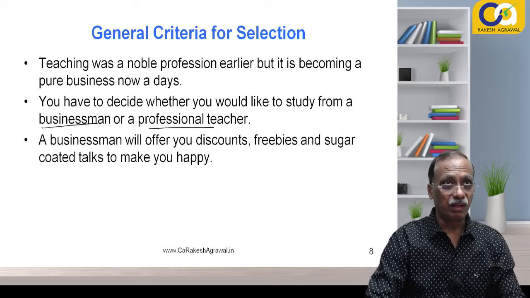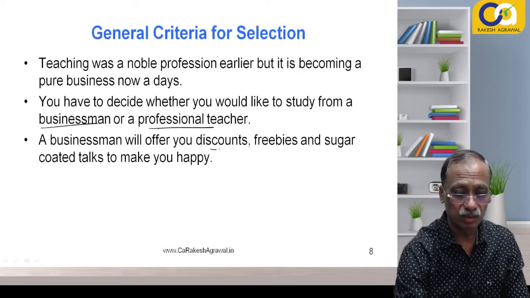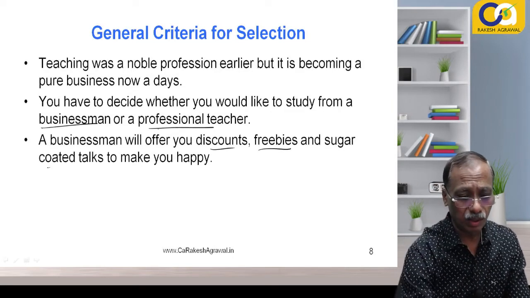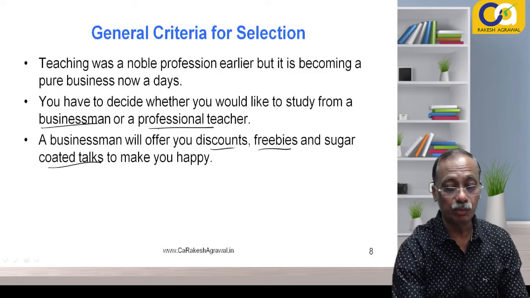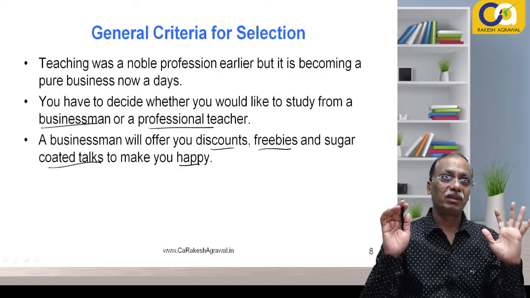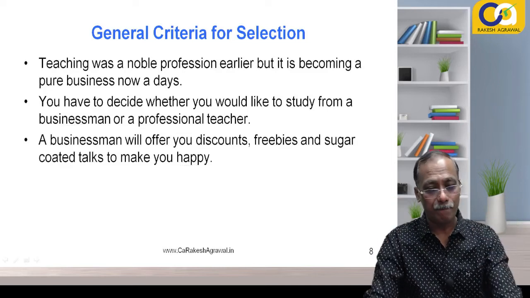A teacher who is a businessman will offer you discounts, will offer you some freebies, right? He will go for sugar-coated talks to make you happy. So you will feel very happy. That is the best part of it, because a businessman will try to make you happy.